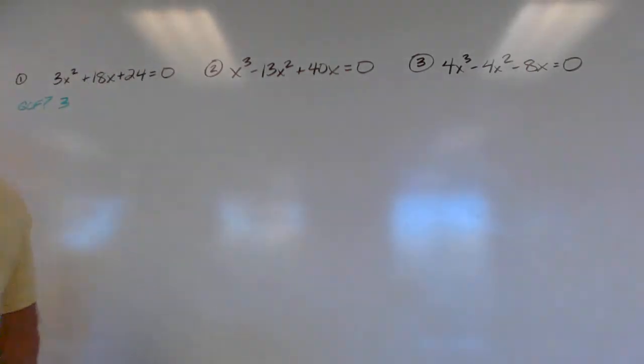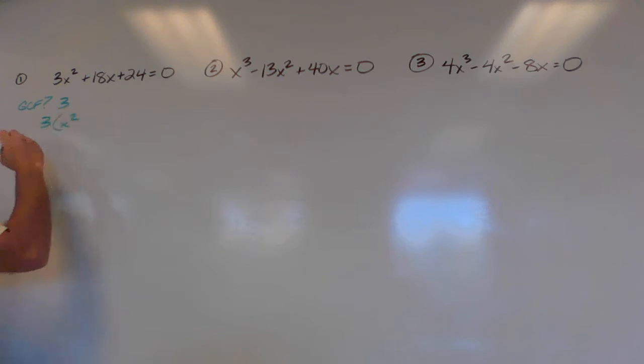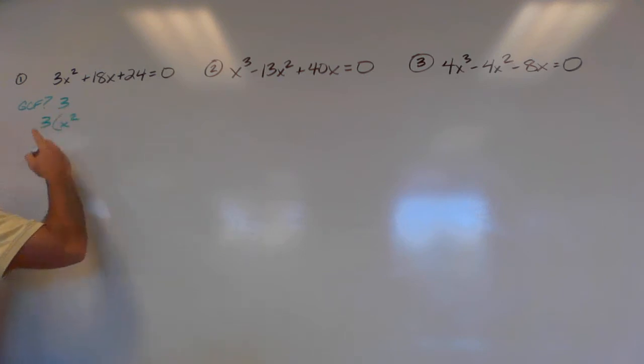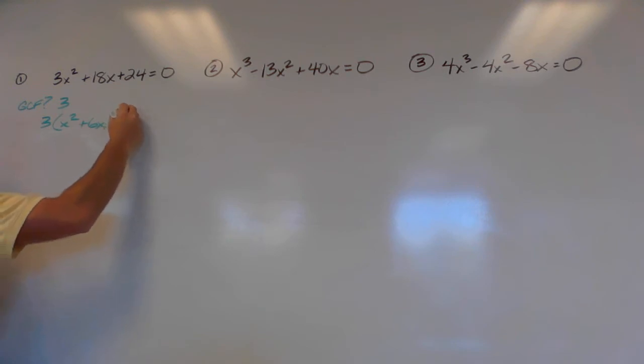So I'll pull it out, and I'll have 3, and what would be left over? 3x squared divided by 3 would be x squared, 18x divided by 3 would be 6x, 24 divided by 3 would be 8, and it's still equal to 0.